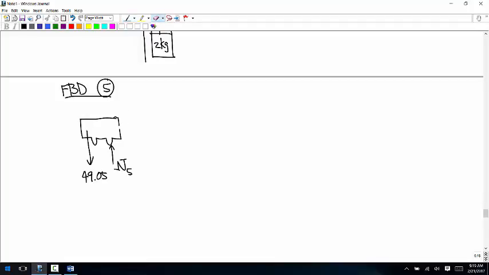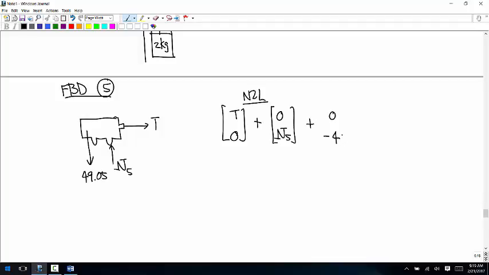And then the only other force is the cable force. So Newton's second law says T, 0 plus 0, N5 plus 0, negative 49.05 is equal to, what do we know about the acceleration of the 5 kilogram?